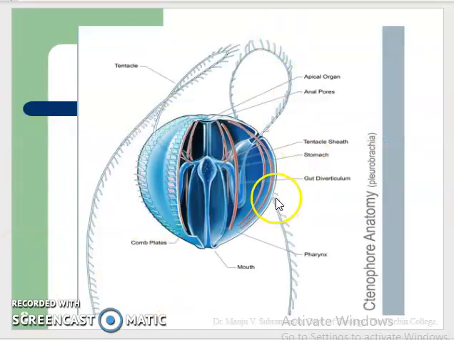So this is a diagrammatic picture, or the three-dimensional picture, of a ctenophore, that is Pleurobrachia. So in the coming video lecture, we'll be studying in detail about this ctenophore, Pleurobrachia. So that's all in this video lecture. Thank you.